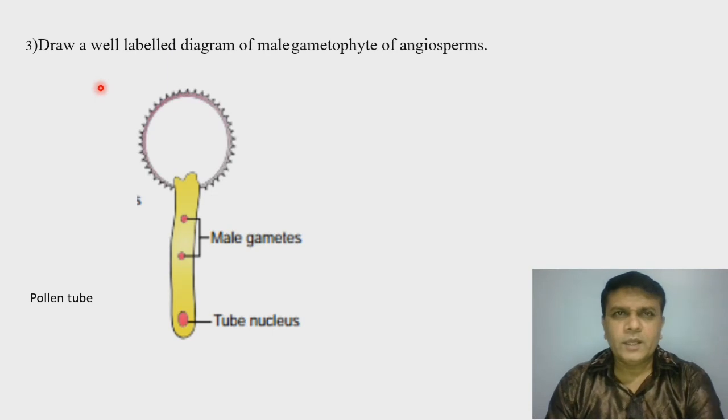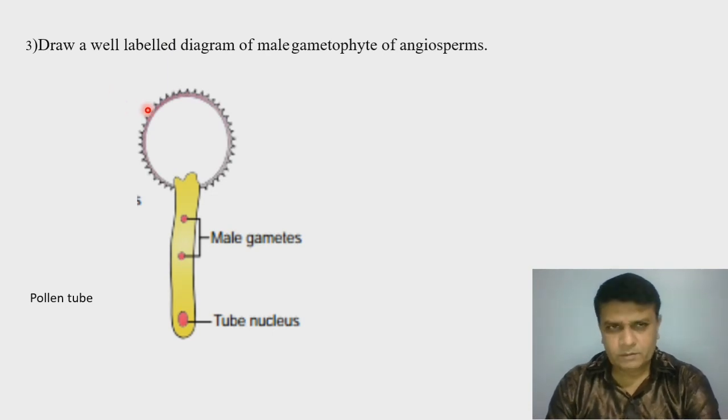That means the tube cell along with tube nucleus and cytoplasm will come out through the germ pore, and it will produce a pollen tube. Then inside this pollen tube, the generative cell will undergo mitosis to produce two non-motile haploid male gametes.